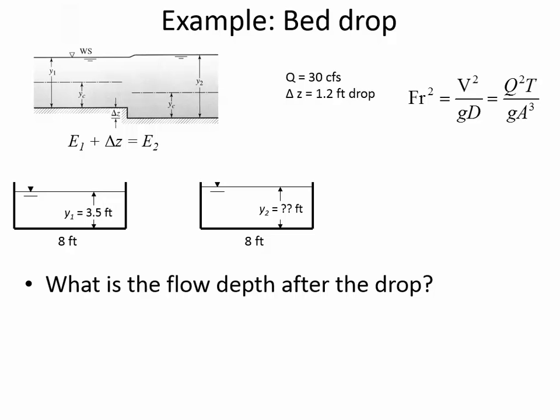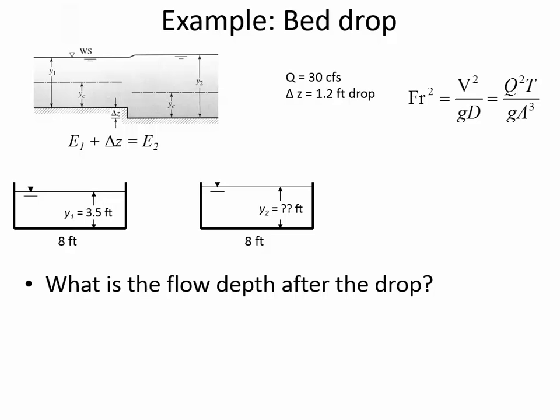And then the cross-sectional area at location 1 is 3.5 feet times 8 feet, so that area is 28 square feet. And we cube that. And then all of this is to the 1/2 power. Okay?